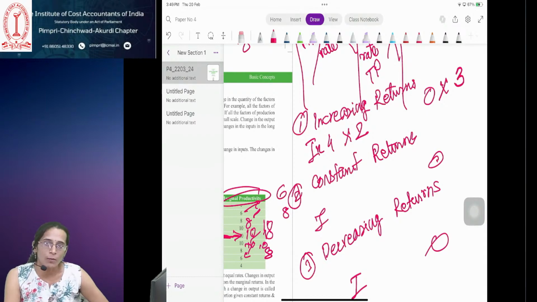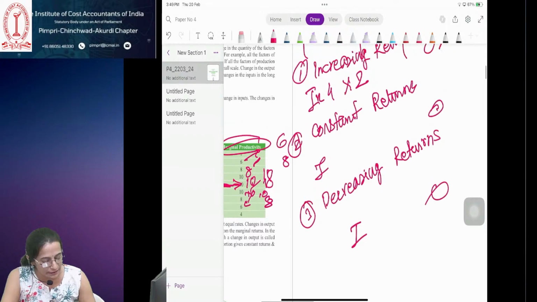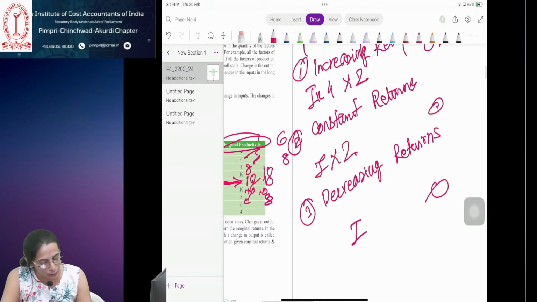If we double the raw material that we were bringing previously, the output will not increase by double, more than double, that is thrice, 4 times, 5 times, that is increasing rate. More than the input that we have brought, that is called increasing rate. And what is constant return? If we double the input, the output also gets double, constant, right?